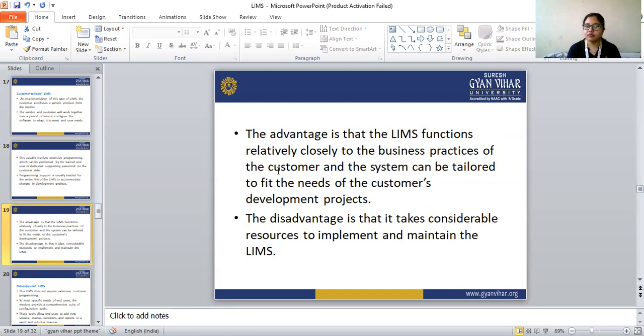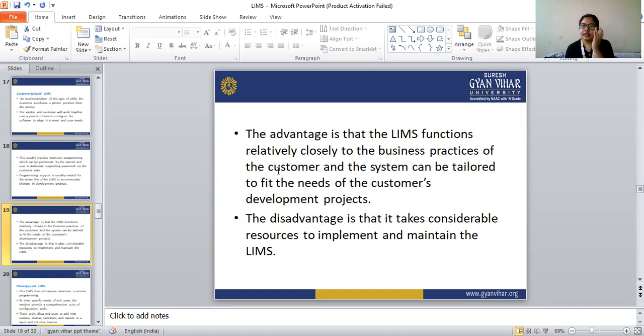The advantage is that the LIMS functions relatively closely to the business practices of the customer. Okay, so what is the advantage of this LIMS? LIMS functions relatively closely to the business practice of the customer, because the customer wants that particular configuration according to their business.